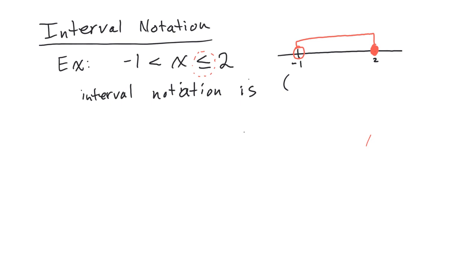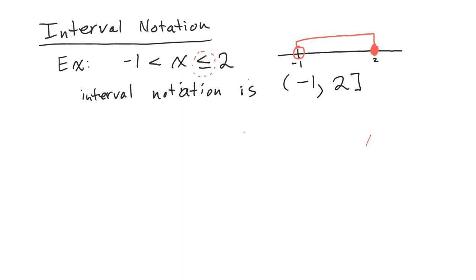Now, for the interval notation, based on what you see on that number line, you would write open bracket negative 1 and 2 with a squared sign.